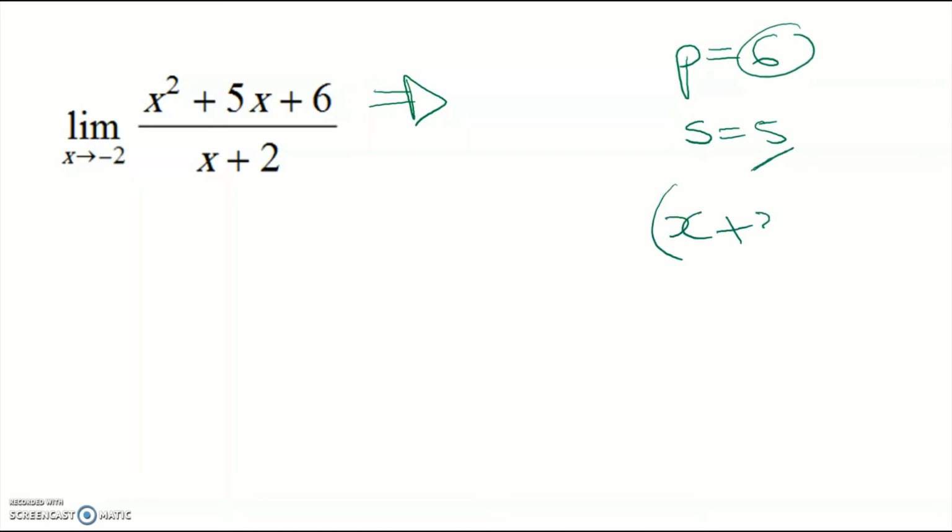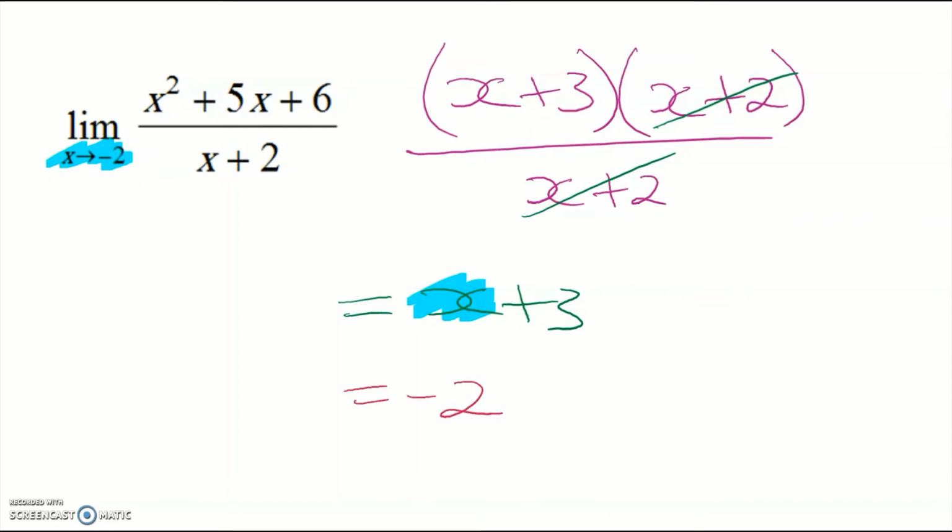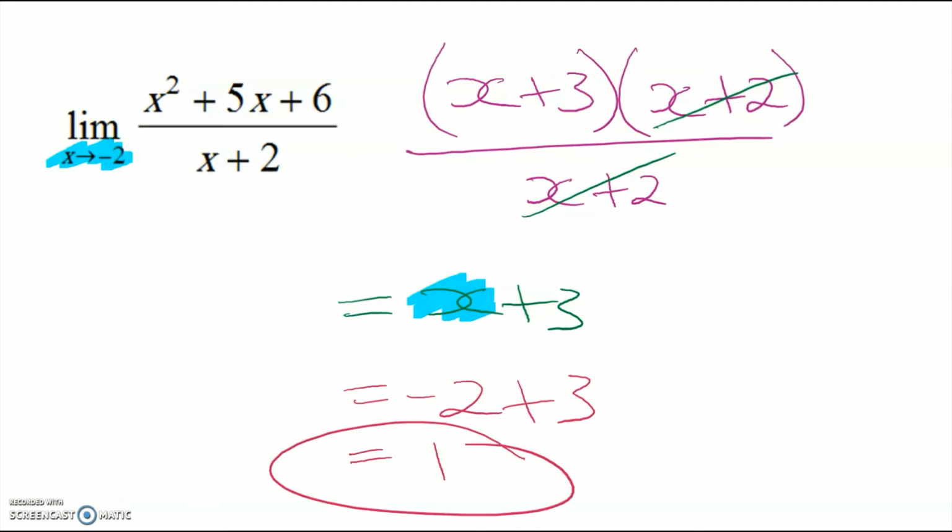So it's going to be x plus 3 and x plus 2 in our numerator. As you can see, the x plus 2's cancel, so you're just left with x plus 3. And then we can substitute the negative 2 into our expression. So that equals negative 2 plus 3, which is again 1.